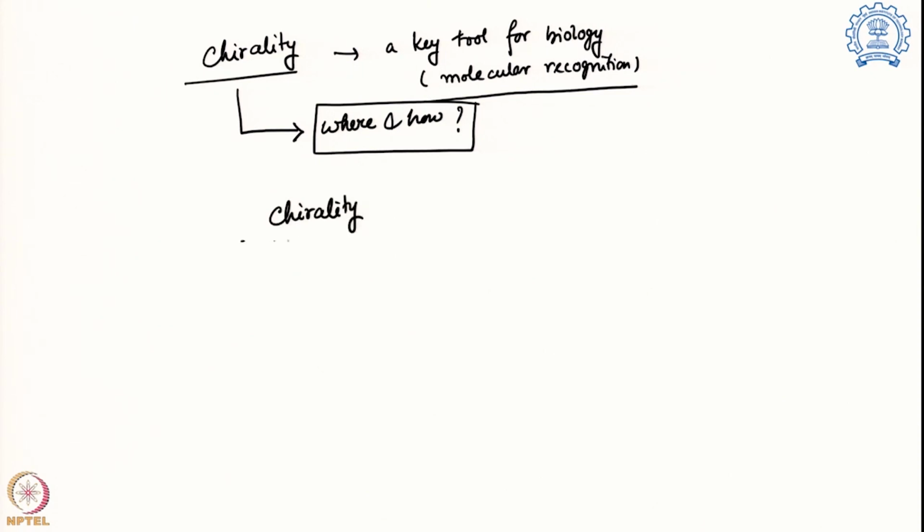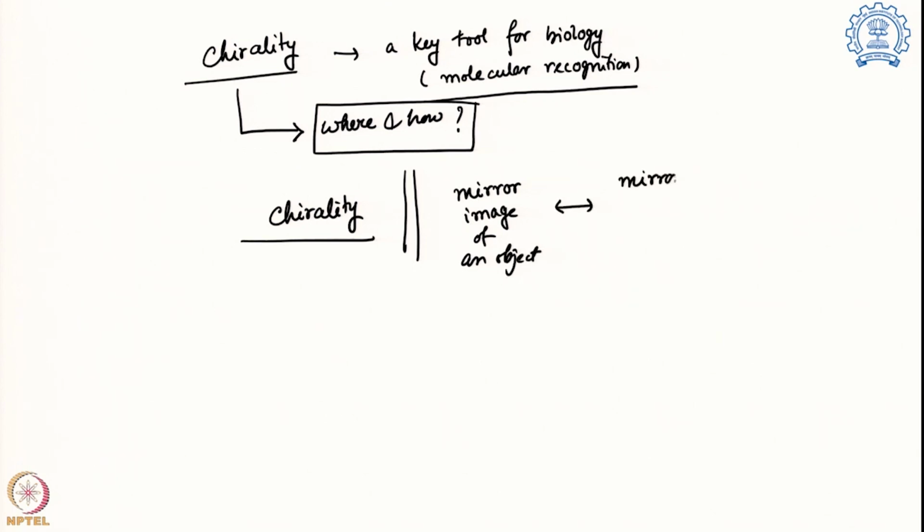When we say chirality, by definition it is a mirror image of a particular object, such that the mirror images are not superimposable and indistinguishable.